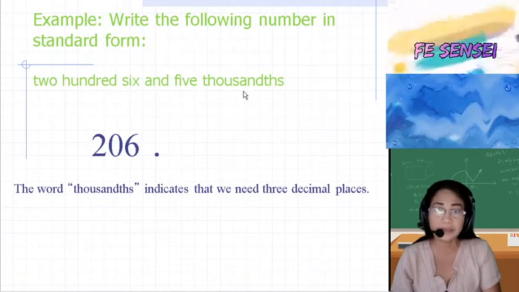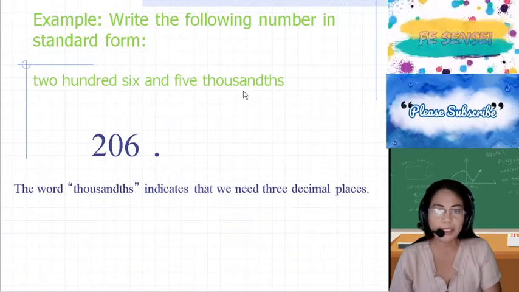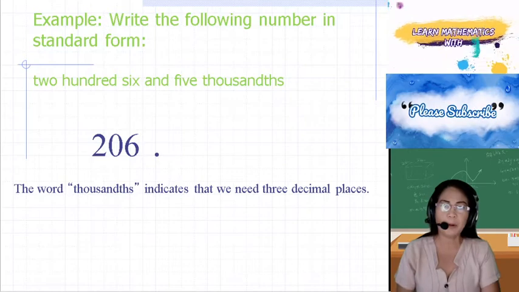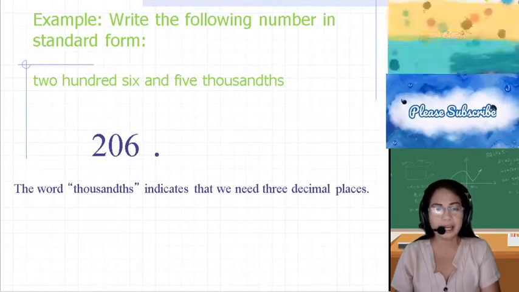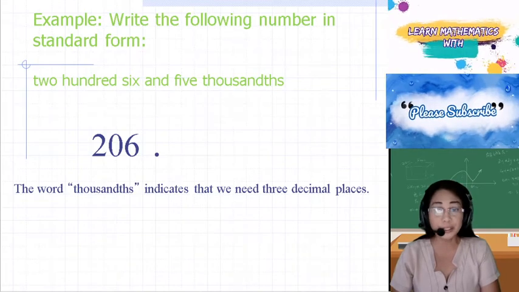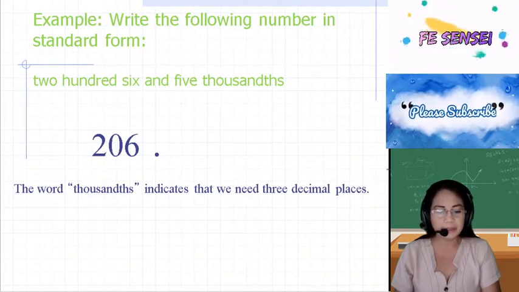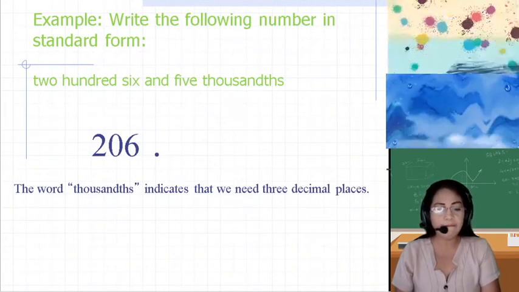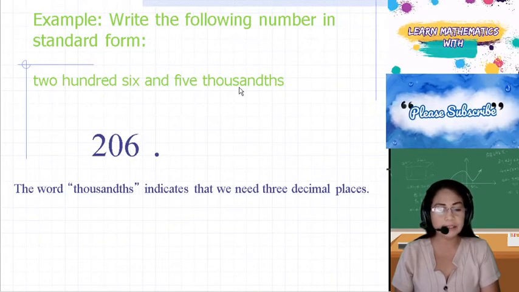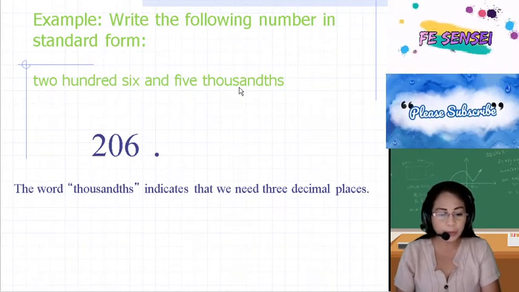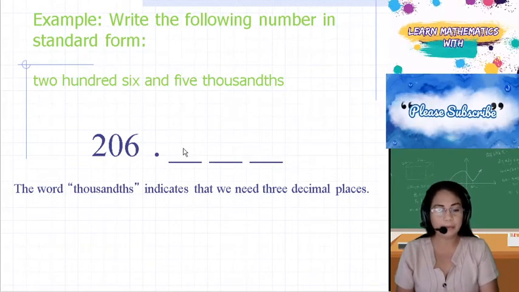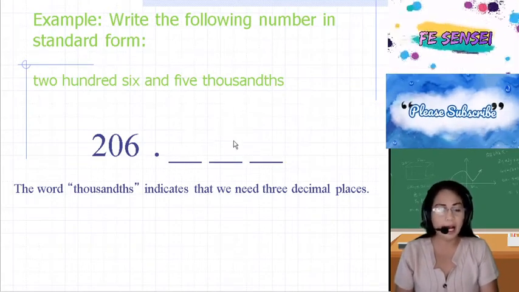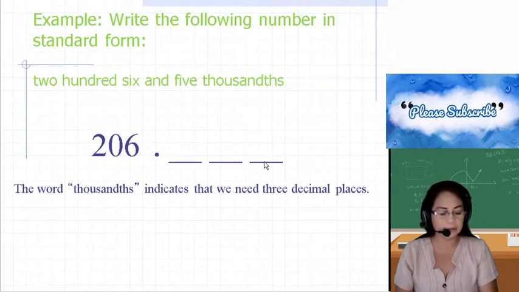Remember, the first digit after the decimal point is in the tenths place, the second is in the hundredths place, and the third is in the thousandths place. Since we have 5 thousandths, we have 3 decimal places. So we have tenths, hundredths, and thousandths.